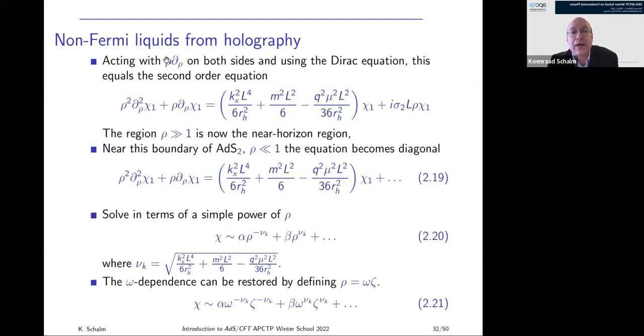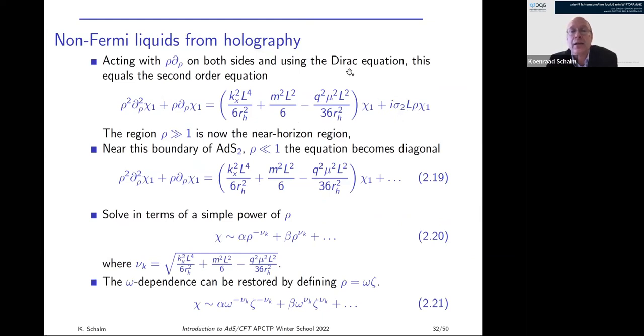Now, if I act again with rho d/d rho and use the Dirac equation itself, I get a second order equation. And the interesting part is that the second order equation is almost diagonal. There's just this one off-diagonal term.